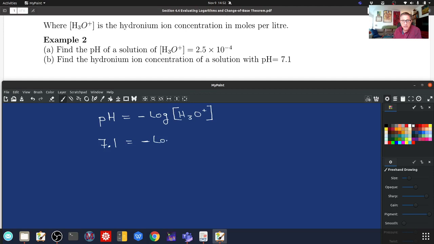Minus log to the base 10, and I'm just going to call this amount here my unknown. You can leave it in the brackets if you want. So what does that mean? That means we can solve this by getting rid of this negative.